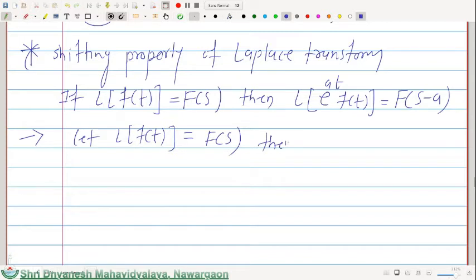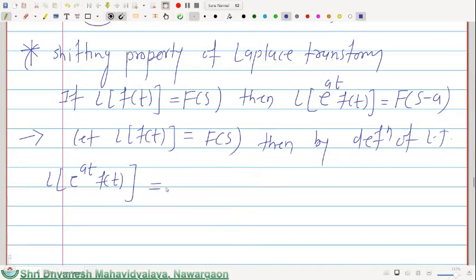Then by the definition of Laplace transform, what do we get? The Laplace transform of e to the power at f of t equals the integration from 0 to infinity of e to the power minus st into, in place of f of t, e to the power at f of t dt.